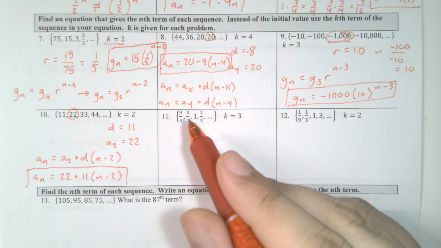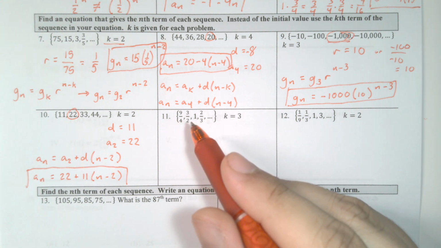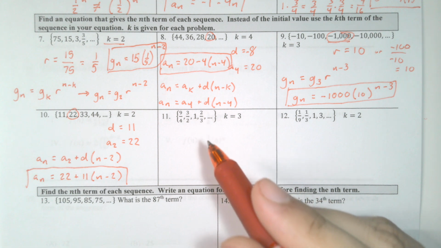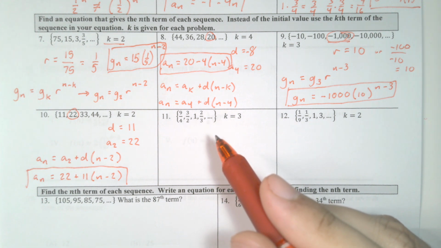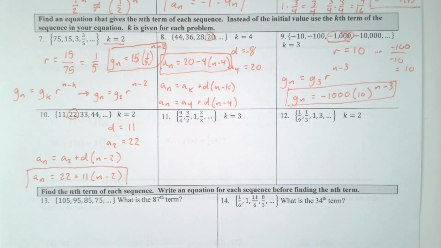Do we have arithmetic? Let's see. Well, 9 over 4 plus something is 3 over 2. Okay. Well, I'm going to write this on separate paper because I will definitely run out of room if I do this on this.